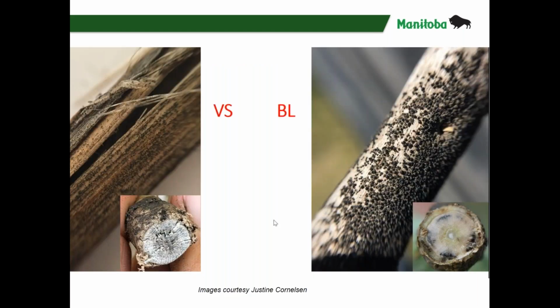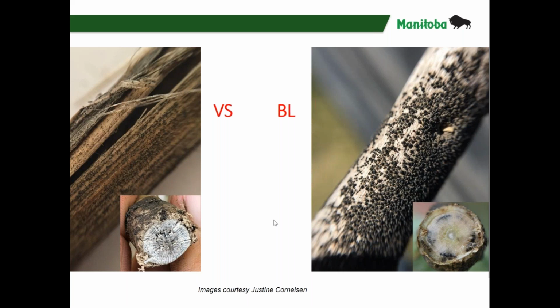Here are a couple of pictures courtesy of Justine Cornelson, who until last year was with the Canola Council. And on the right, we have the external symptoms on the stems of blackleg. That is a combination of Pycnidia, the asexual spore-producing structures, and Pseudothecia, which are sexual spore-producing structures.